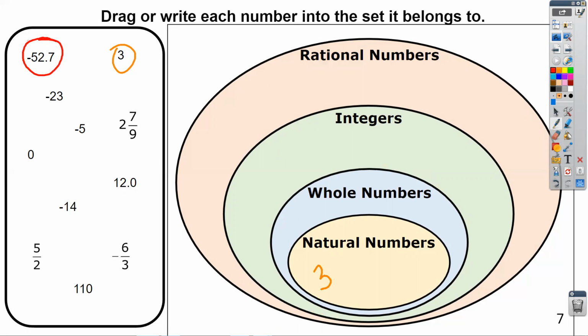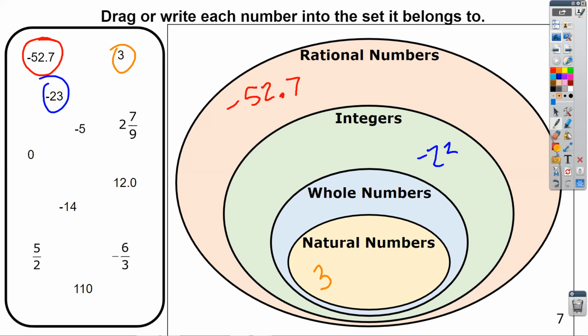All right, negative 52.7. Well, that's a decimal. So where do decimals show up? Good, it's rational. Even though it's negative, and that's an integer, it has a decimal, because remember, integers are whole numbers only. Negative 23.